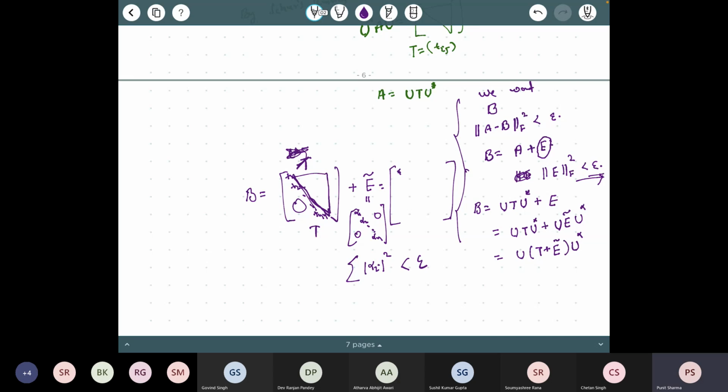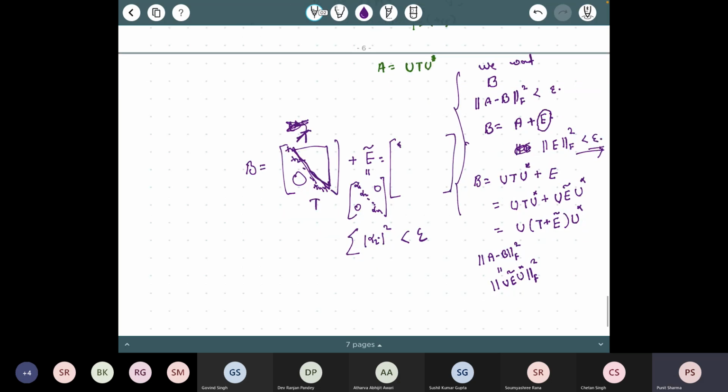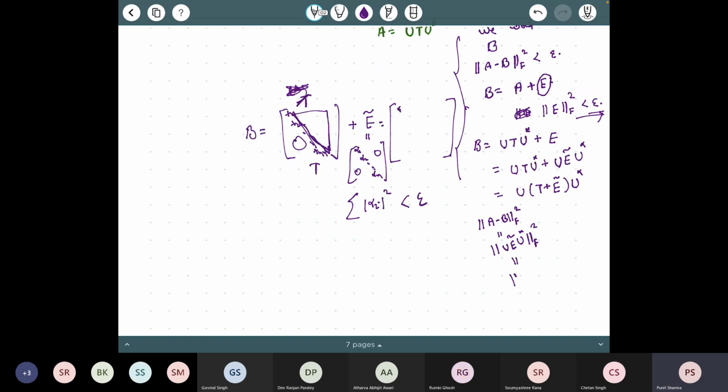So eigenvalues are all distinct for B. And if you look at the norm of A minus B, it is the Frobenius norm of U E tilde U star, but the Frobenius norm is unitarily invariant. It is the same as the norm of E tilde, and you have chosen these alpha i's in such a way that this sum is less than epsilon. So you are done.